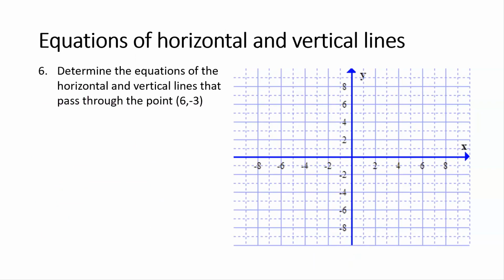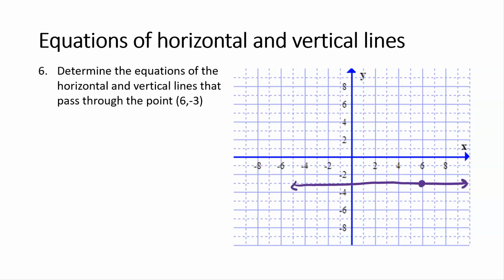Last example, we're asked for the equations of horizontal and vertical lines. So determine the equations of the horizontal and vertical lines that pass through the point 6, -3. So 6 along the x-axis, -3 along the y-axis, that pass through that point there. Well, a horizontal line is straight across.